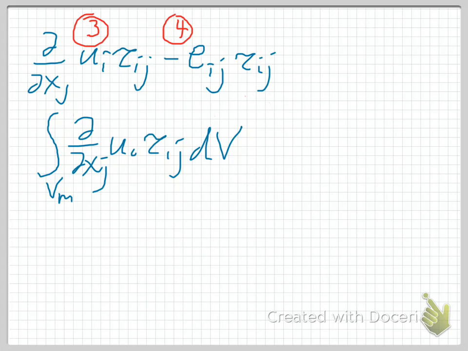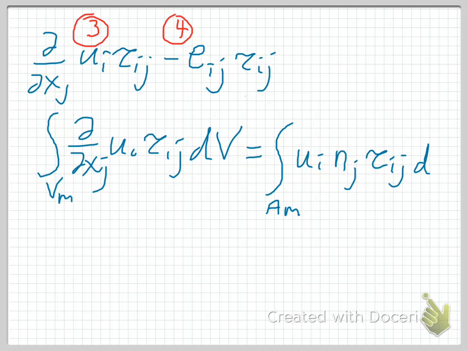This is the divergence of this vector here. And using the divergence theorem then, we can write the result as the integral over the surface of our fluid parcel, which we'll call Am, of ui times the outward normal to the surface, nj tau ij, integrated over the area, and recognize that nj tau ij is just equal to the ith component of the force per unit area, Fi.